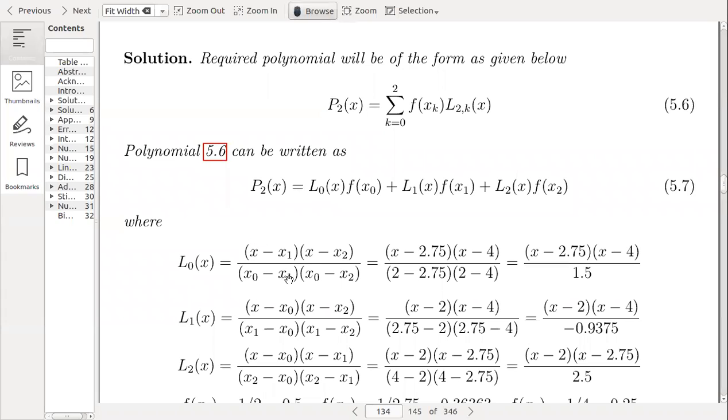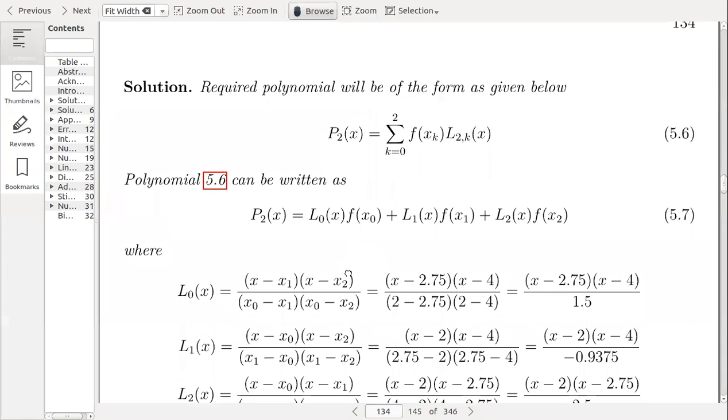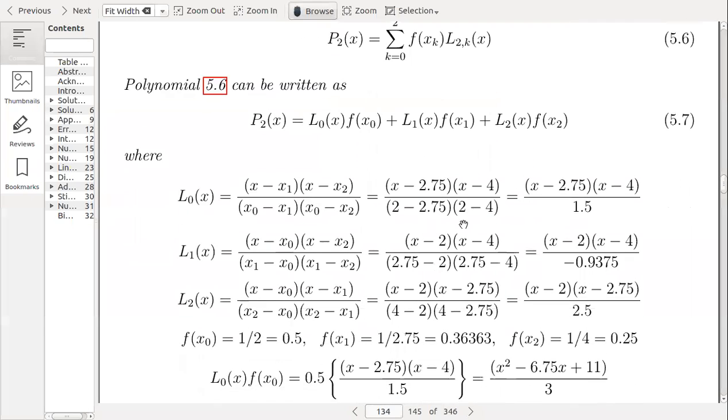So (x0 minus x1)(x0 minus x2), and then we are substituting the given values. So x1 and x2 we have replaced, then x0 minus x1 and x0 minus x2 we have replaced these values: (x minus 2.75)(x minus 4), and if we simplify these factors we will have 1.5.